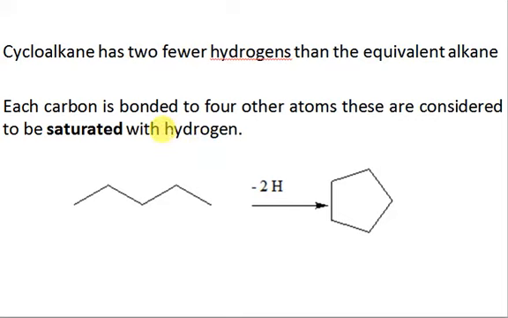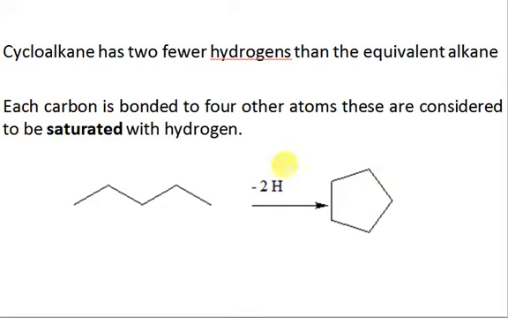So why are cycloalkanes considered saturated although they have 2 hydrogens less? The reason is that in cycloalkanes each carbon is bonded to 4 other atoms, right? Since each carbon is bonded to 4 other atoms, each carbon is singly bonded.